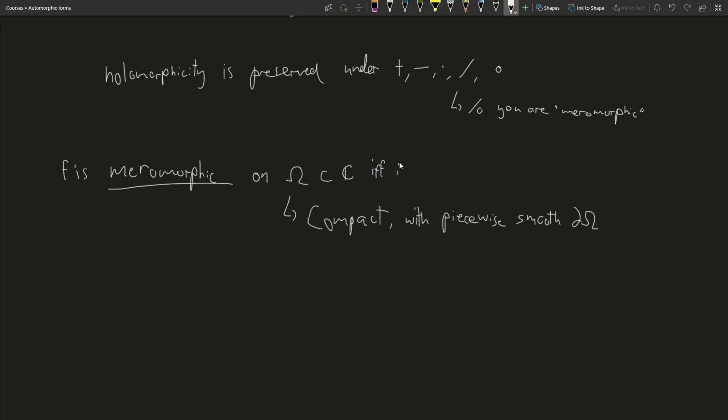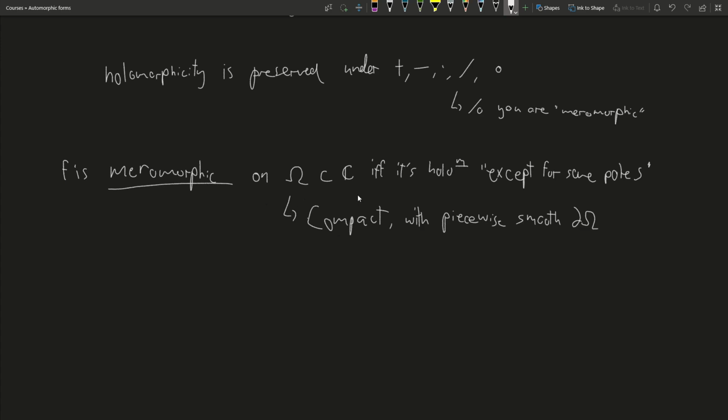if it's holomorphic on that set, meaning holomorphic at every point, and I'm going to say except for some poles. And what I mean when I say except for some poles, if you want a more careful definition, I could say that there exists some non-zero polynomial such that if you multiply f by that polynomial, then the product is holomorphic on omega.